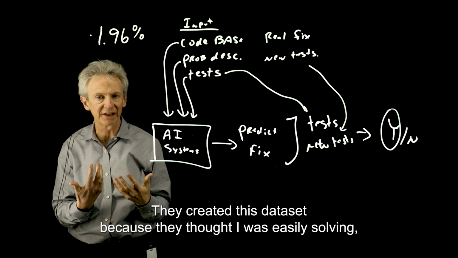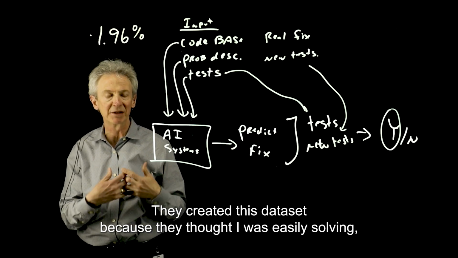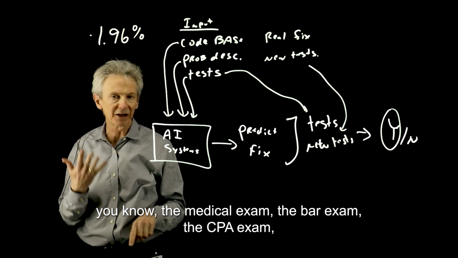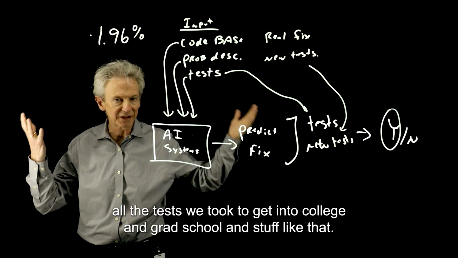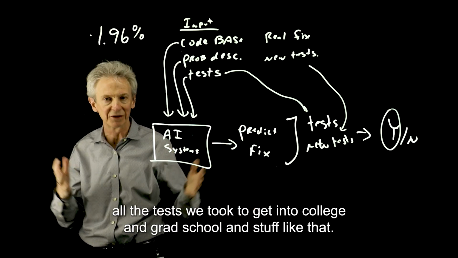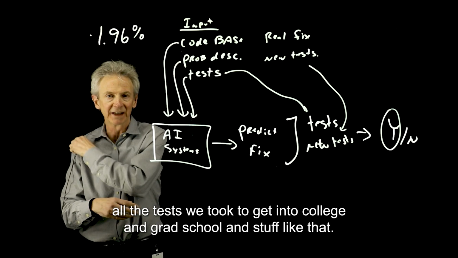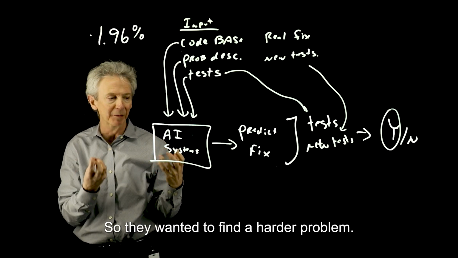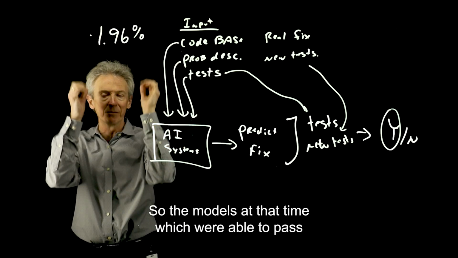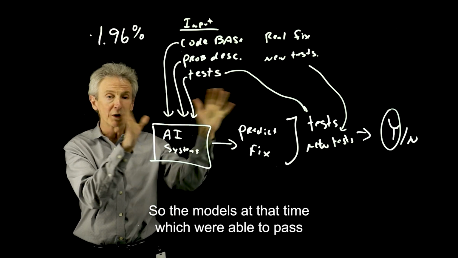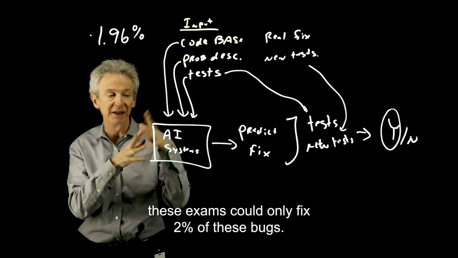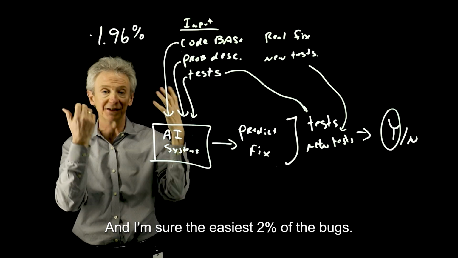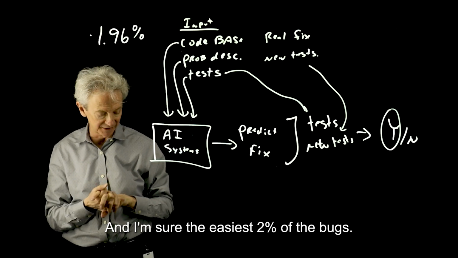They created this data set because they thought GenAI was easily solving the medical exam, the bar exam, the CPA exam, all the tests we took to get into college and grad school and stuff like that. So they wanted to find a harder problem. And this is a harder problem. So the models at that time, which were able to pass these exams, could only fix 2% of these bugs. And I'm sure the easiest 2% of the bugs.